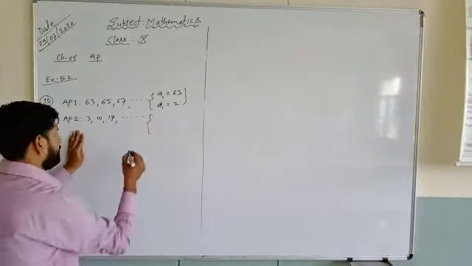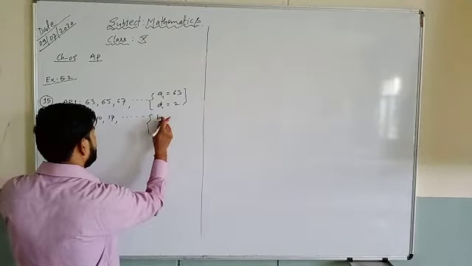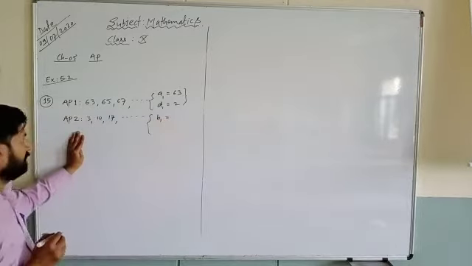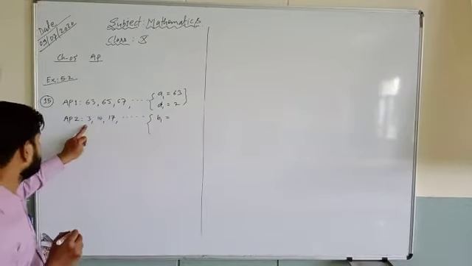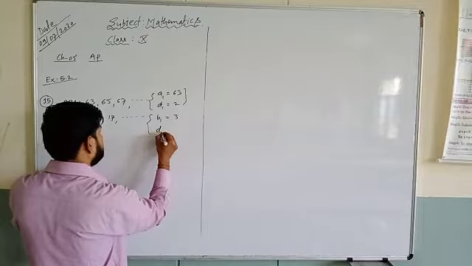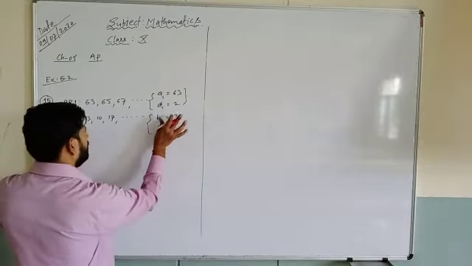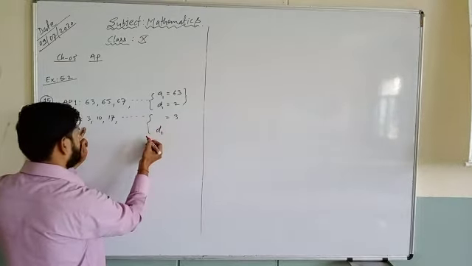For the second AP, I am taking a symbol for the first term, and it is 3. And the common difference is 2. Here I am making a change.